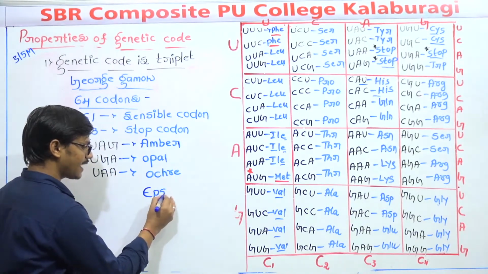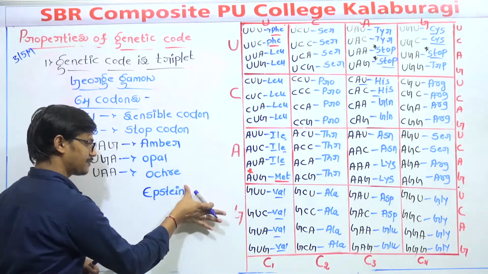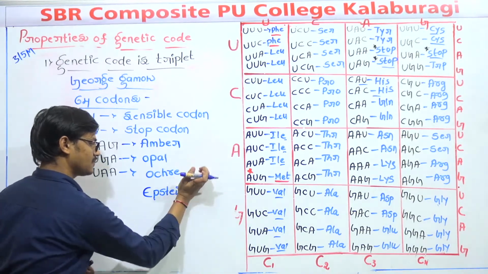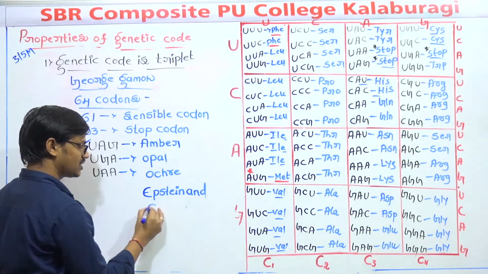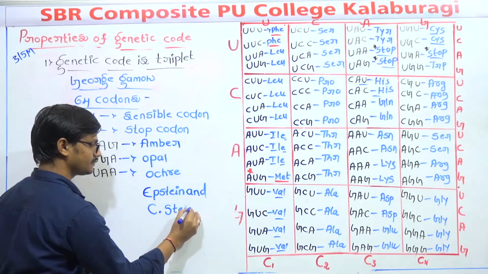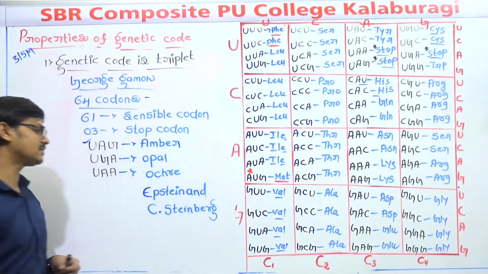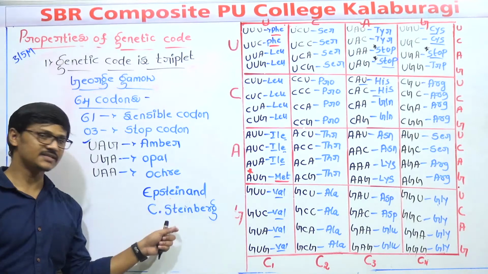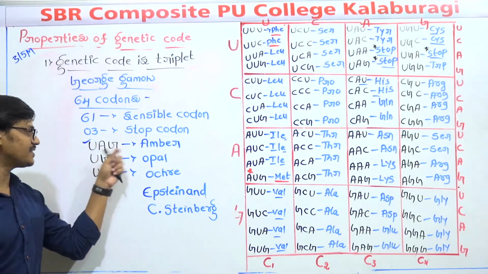One is Epstein, and another scientist, Charles Steinberg. So Epstein and Steinberg, these are the two scientists. They discovered the first stop codon UAG.